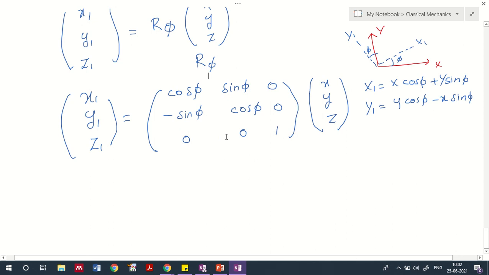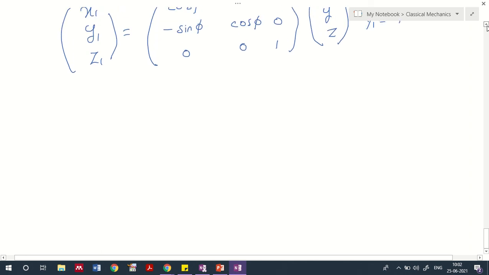And 0 0 1 for z1, because there is no change in x and y, and the value corresponding to z is 1. So this is the first step in order to transform a space set to a body set. This is the first step in Euler's angles, and now we'll move on to the second step.